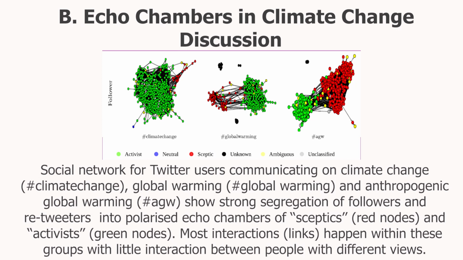And then finally you have the hashtag AGW. This seems to be somewhat more popular with the skeptics, and you can see there's a huge blob of them there. Again, they seem to be by and large following each other, although there are some links back and forth as well. But you can again see clearly echo chambers in climate change discussion. I am sure they both have very good points to make, but they do not talk to each other.